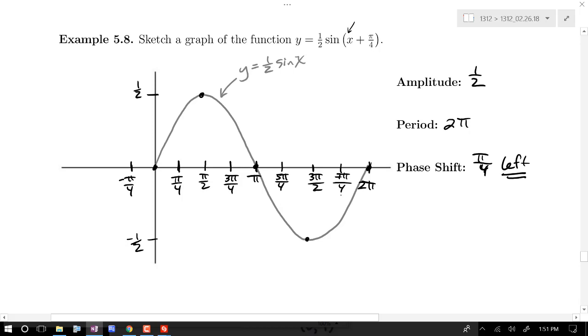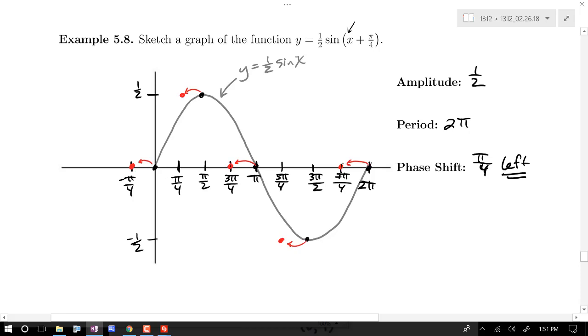So now each one of these, I generally refer to as my anchor points in the graph, those very few points that I actually plot to help me put the curve down. Each one of these anchor points, I'm just going to slide over pi over 4 units to the left. So that goes over pi over 4. This goes over pi over 4. And I've made sure that I've actually made space so I know where each point should go.